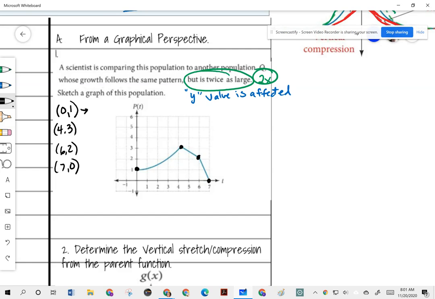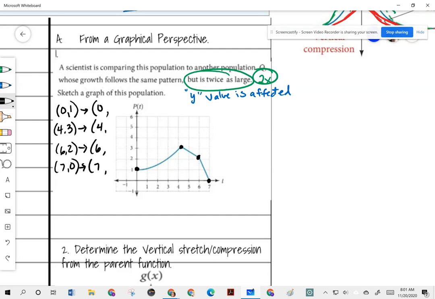So all of your x's are going to stay the same. So there's no change in the x coordinates, but all of your y values are going to be multiplied by 2. So 3 times 2 is going to give me a 6, 2 times 2 is going to give me a 4, and 0 times 2 is going to give me a 0.